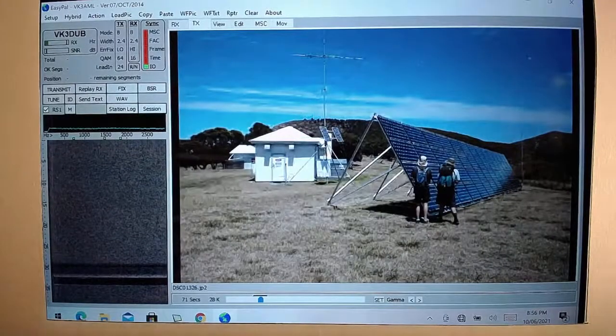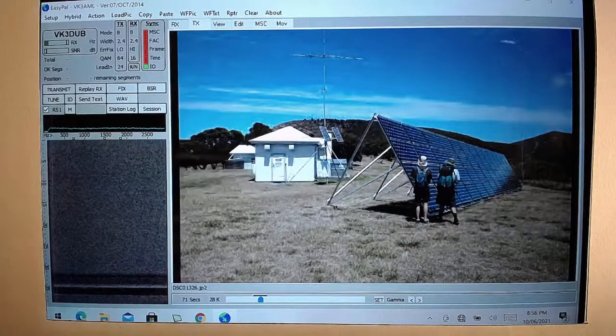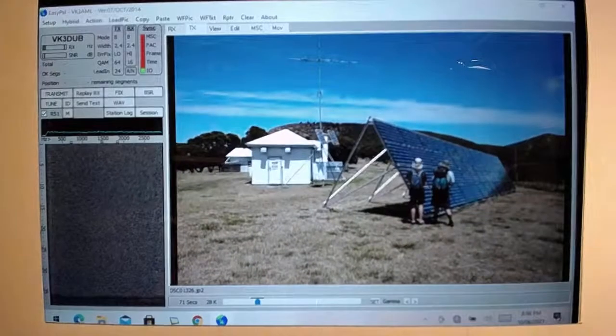Oh, there we are, excellent connection. Now let's go back to OBS software. Get that right.